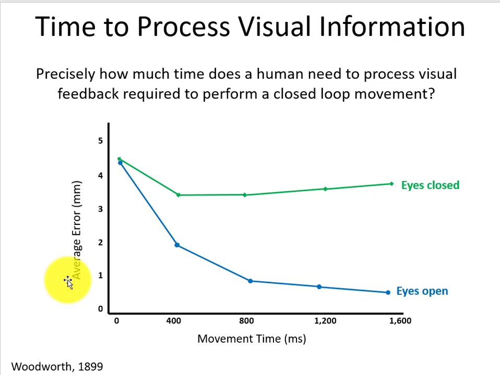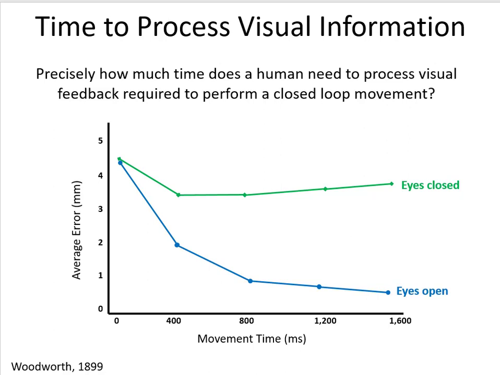So in this case, it doesn't matter whether they overshot the target of, let's say, 20 millimeters, or whether they undershot it. It's an absolute value, right? So in this case, they were 4 millimeters off target, but it doesn't matter the direction, okay? And on the horizontal axis, we have movement time. How long they were provided with information.